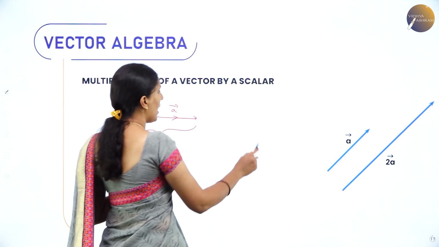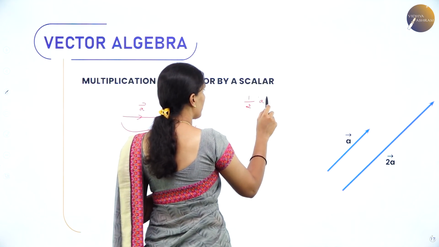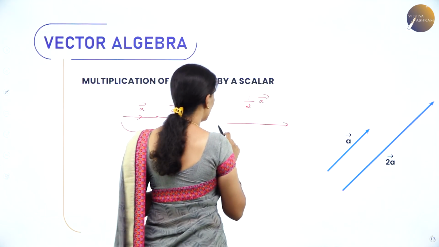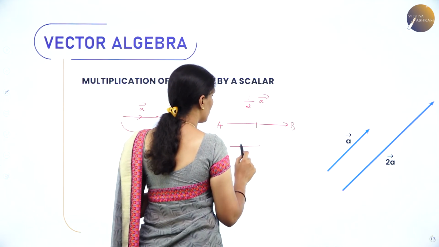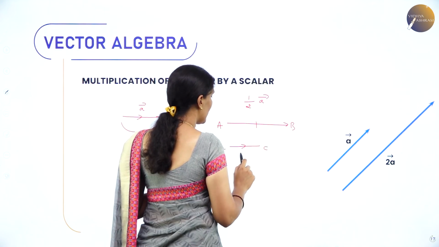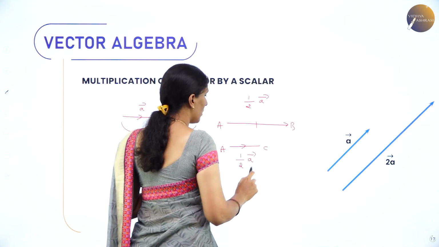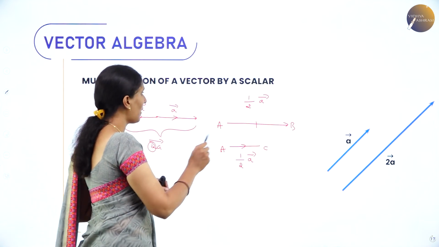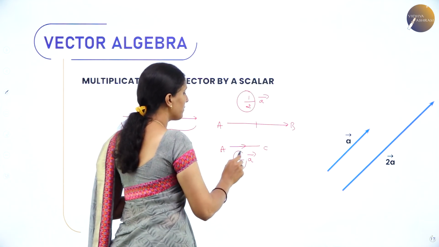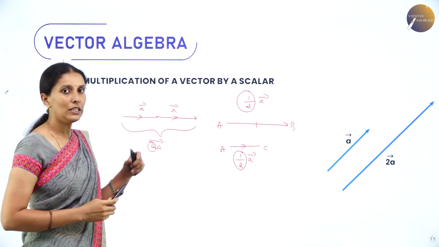Suppose I say half of the vector A. If vector A is the distance AB, then half of it, let me take it as AC. This denotes half of vector A. So the scalar multiplied here gives you the total length of the vector.